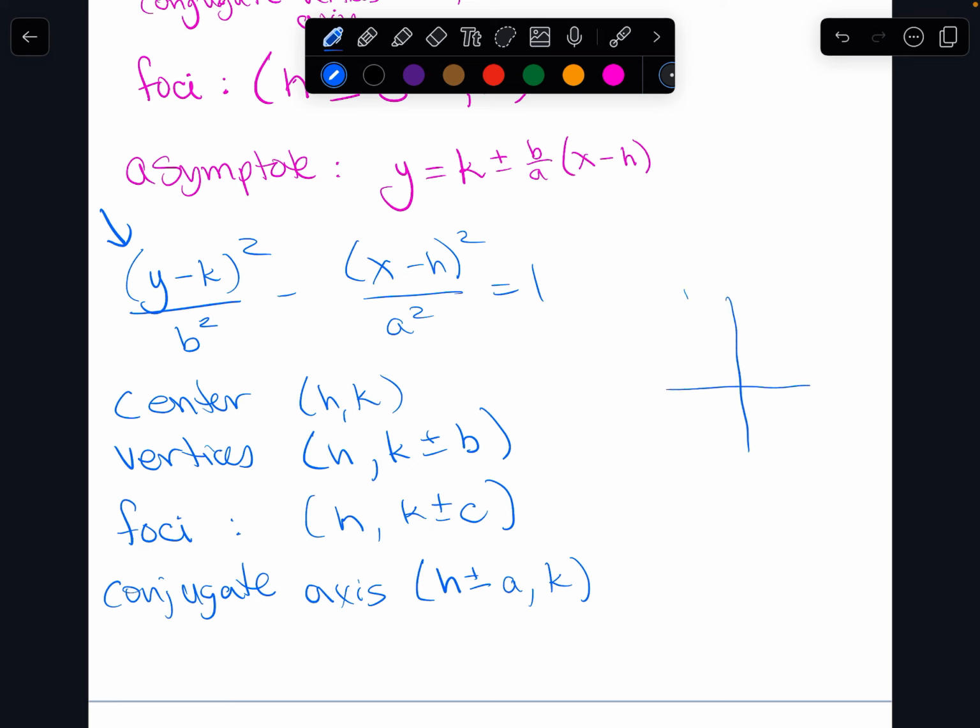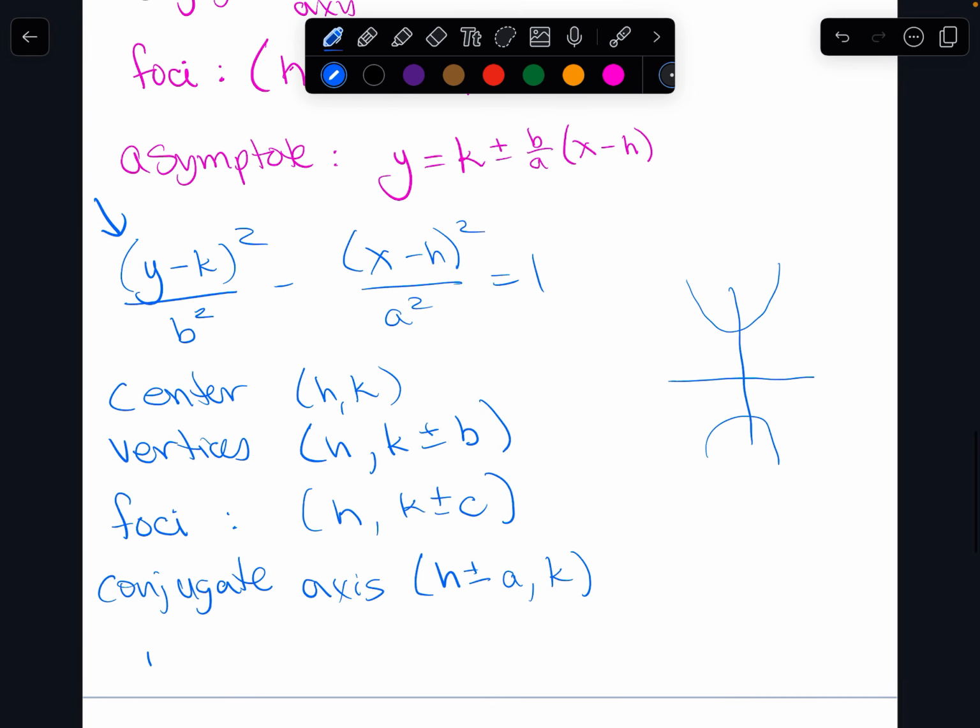This one is when it's going to be like this with all the extra stuff. And then your asymptote would be plus or minus. Oh, no. It's k plus or minus b over a (x minus h). Okay, so that's a bunch of stuff, but refer back to it.